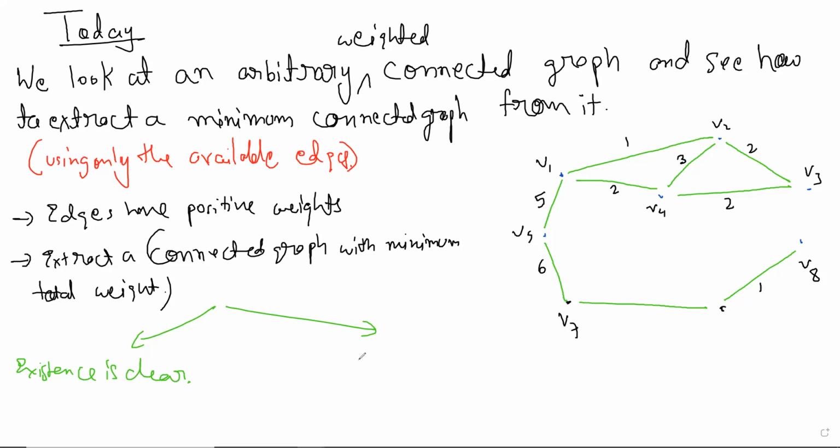So the real question is, if existence is clear, is the existence clear with everyone? Okay. And the real question is how to get it, how to construct it.